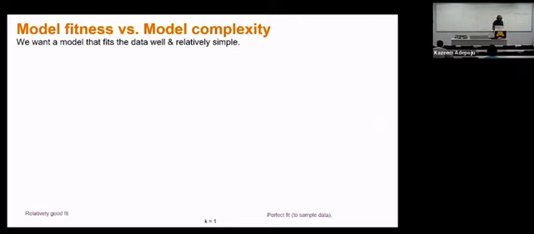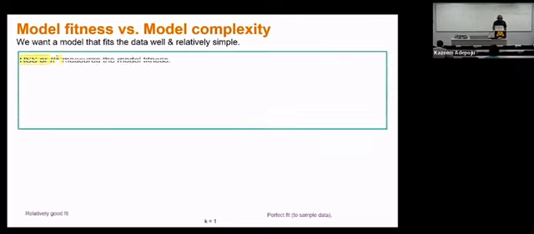Now, let's take a look at this. What are the criteria for model fitness? What criteria do you think we'll be using? R squared, which we call the coefficient of determination, and the residual sum of squares. Those two are criteria for model fitness.